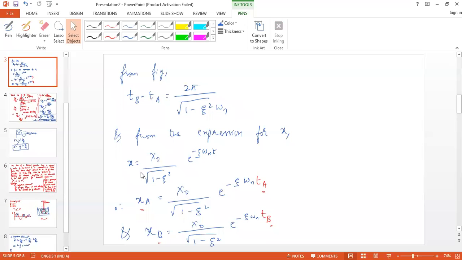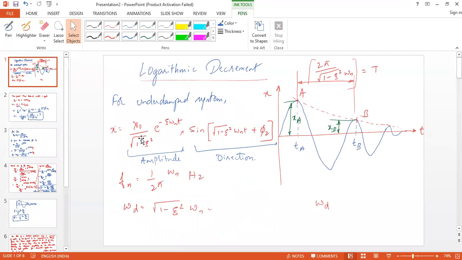If you look at this first equation, for a given vibrating system, x naught by root of 1 minus zeta square is constant, right? X naught is the initial displacement, and zeta is the damping ratio. These two will not change with respect to time. And here, zeta and omega n will not change with respect to time.